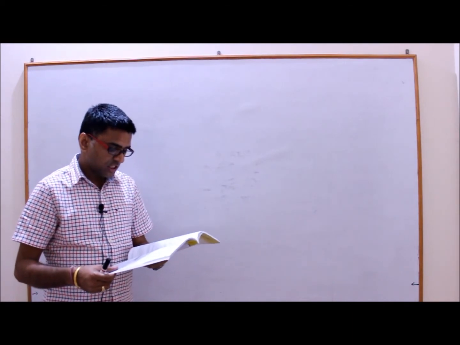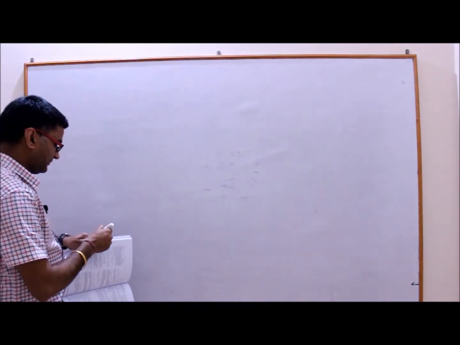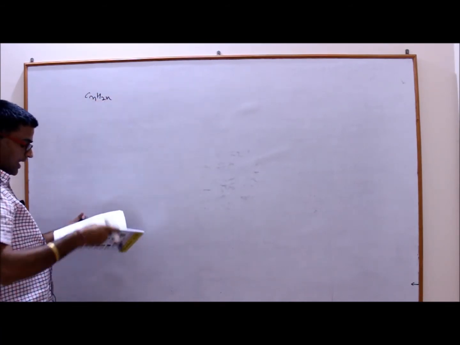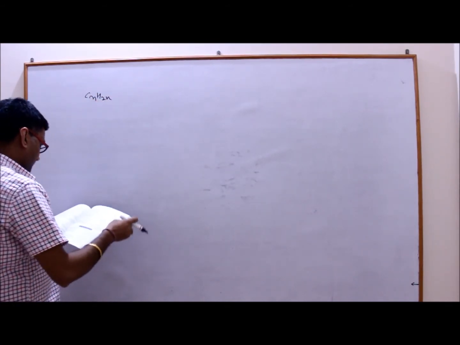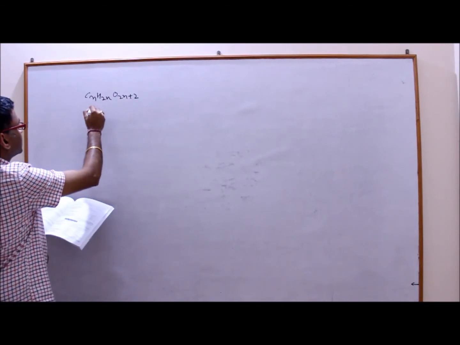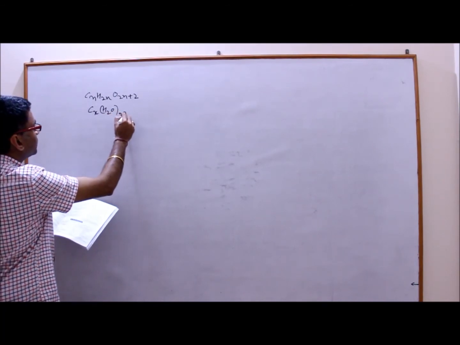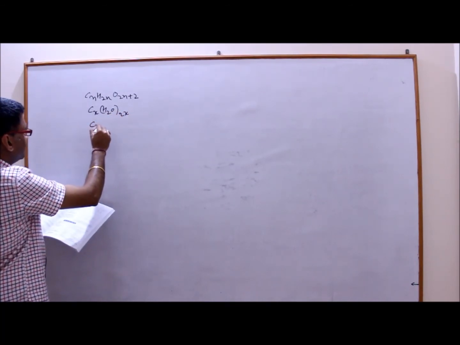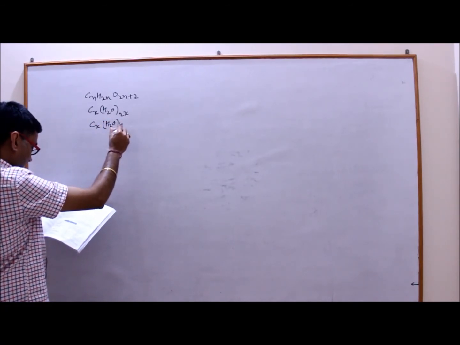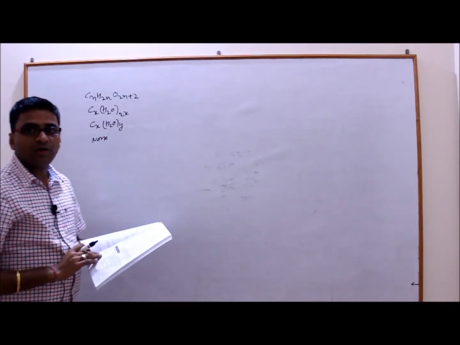So your first question is: the general formula of the carbohydrate is, and your options are CnH2n, O2n plus 2, CxH2O, 2x, CxH2OY, and none.